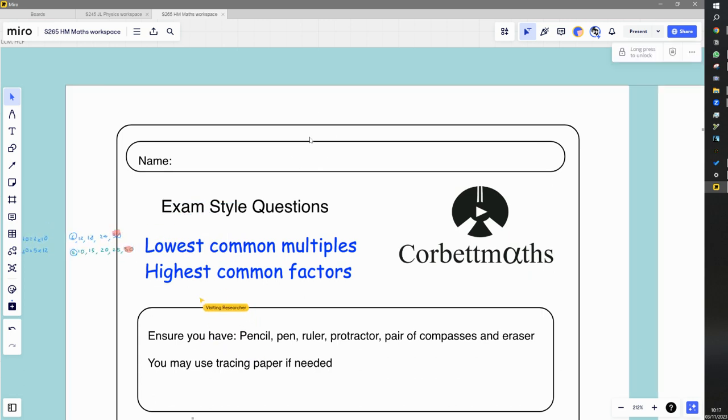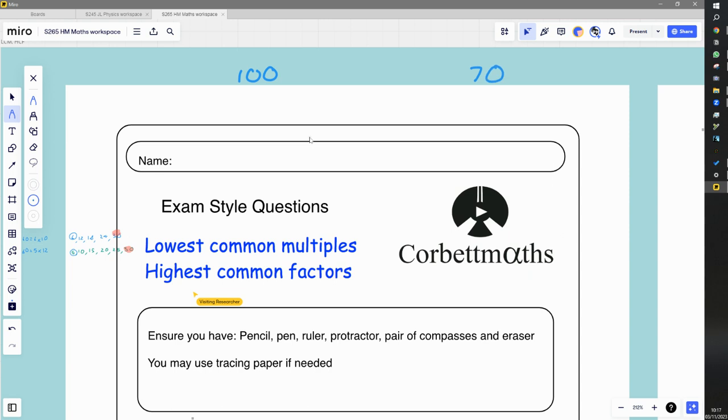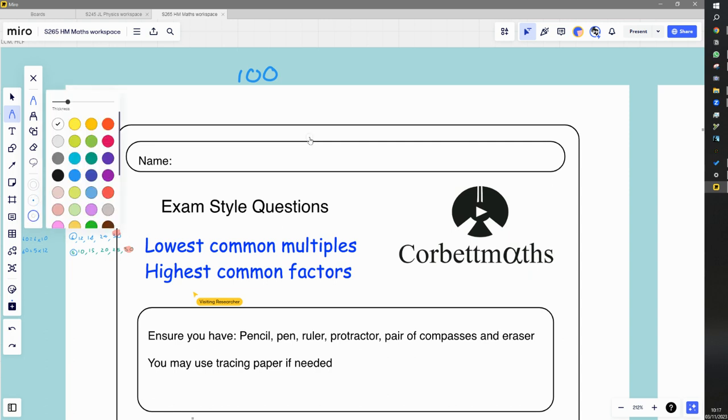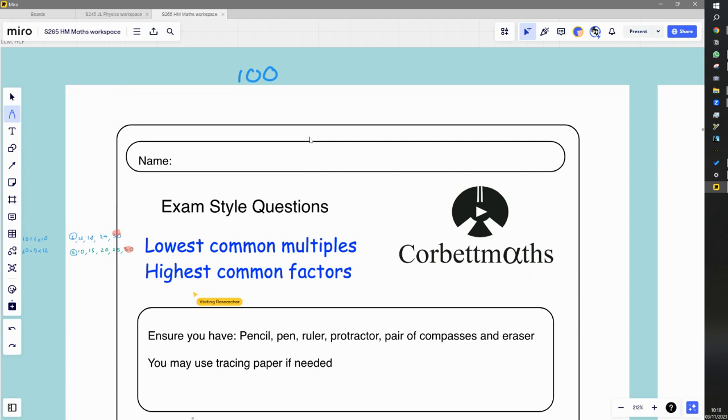So highest common factor. Well, let's take a larger number, for example, 100 and 70. So what is a factor? Well, I think I might try to use different colours as well. Factor is like the opposite of a multiple. It's not what number do you get by multiplying it, it's what number can it be divided by.